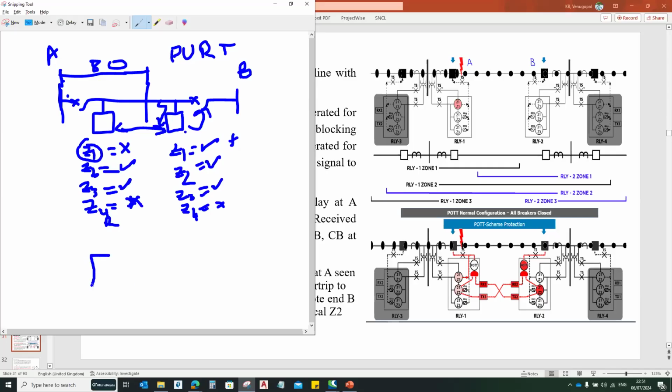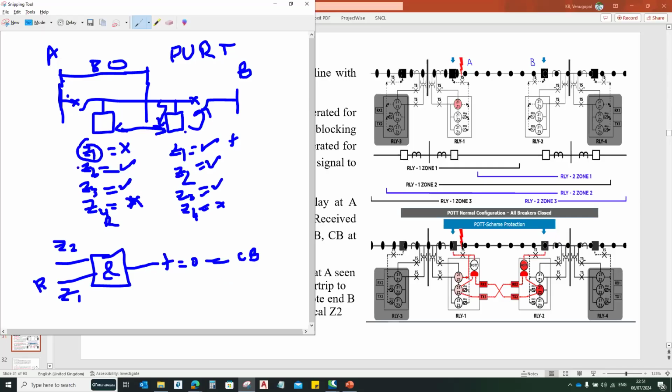In the remote end, zone 2 is operated, and I have received the zone 1 signal from the remote end. If both conditions are met, it will give an instantaneous trip to your circuit breaker.